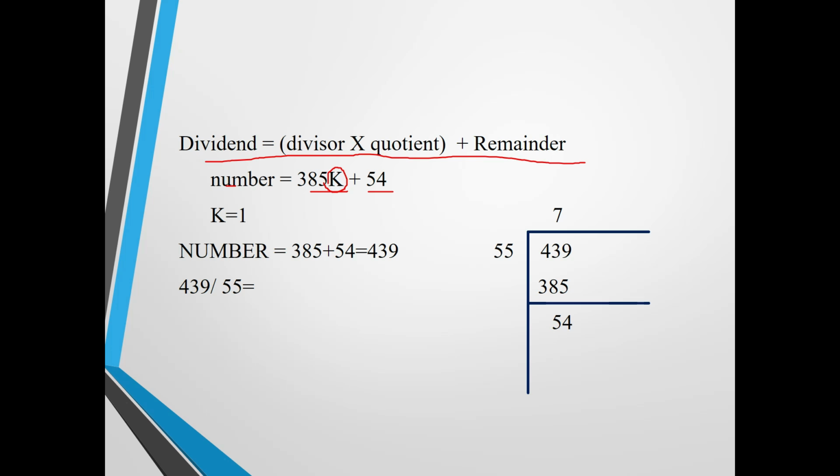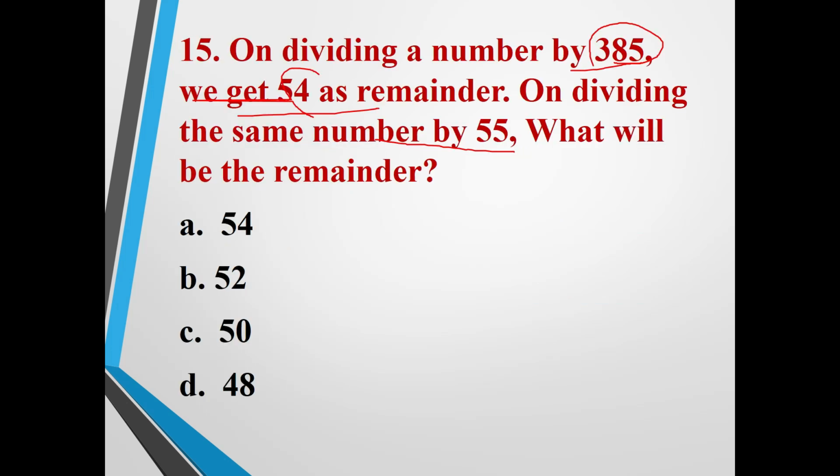And suppose the quotient k is equal to 1, then we will get the number is equal to 385 into 1 is 385. 385 plus 54 is equal to 439. So the number is 439.